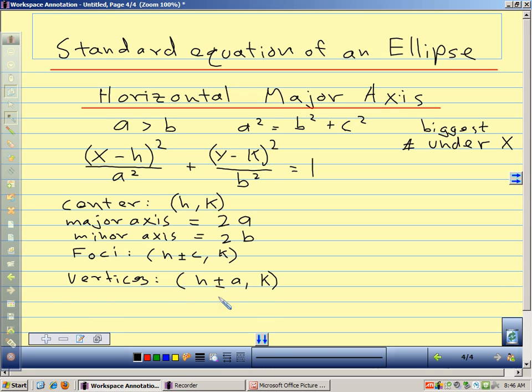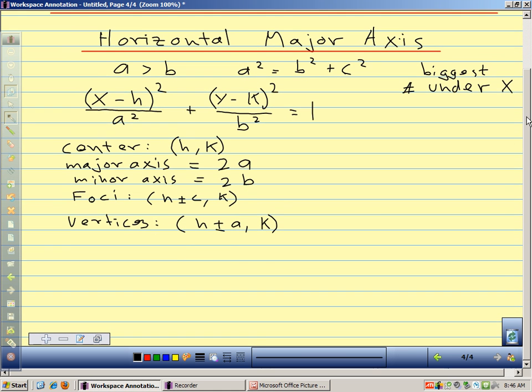The co-vertices. We go up and down from our center, since our axis is horizontal, to get to our co-vertices. So that's (h, k plus or minus b). From our center, we go up and down along our minor axis.